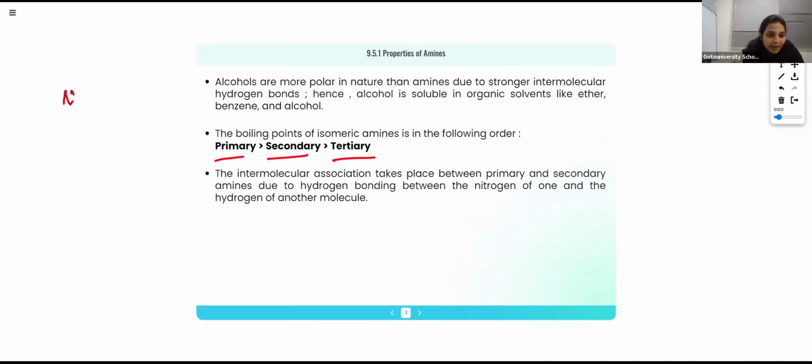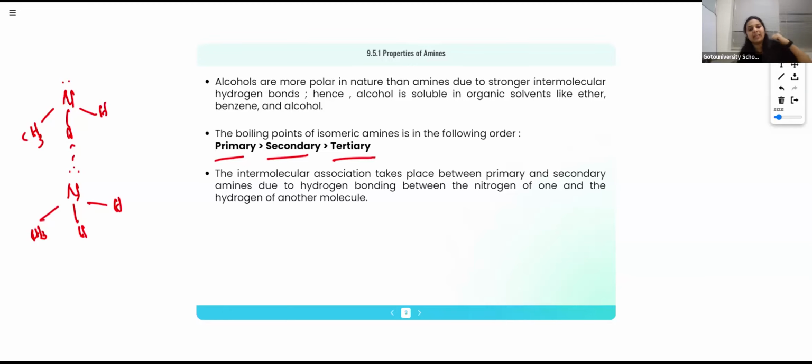In case of primary, hydrogen is there, hydrogen is there. Taking another primary, one CH3, so here there are 2 hydrogen atoms and 1 nitrogen atom, and they can produce hydrogen bonds between them.